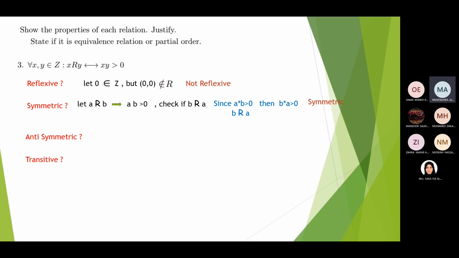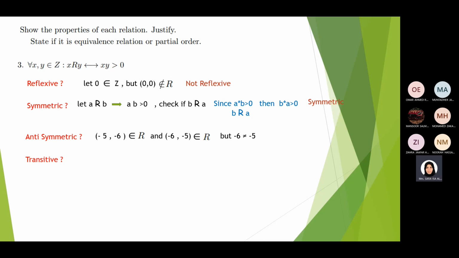We have (1, 3), and we have (3, 1). Yes, (1, 3) belongs to R because 1 times 3 is 3, greater than 0. (3, 1) belongs to R because 3 times 1 is greater than 0. But 1 and 3 are not the same elements. They are not equal. So you have to give a counterexample to show it is not antisymmetric.